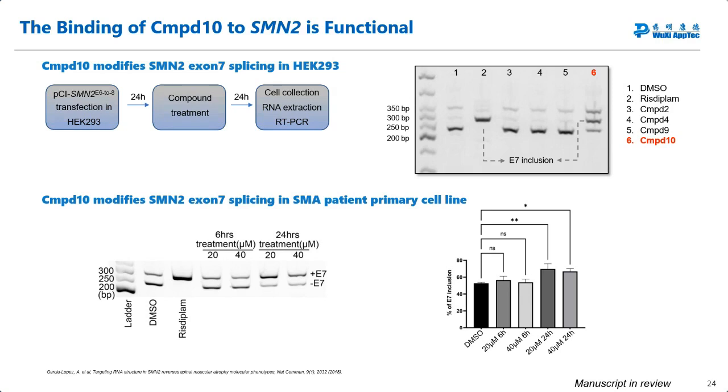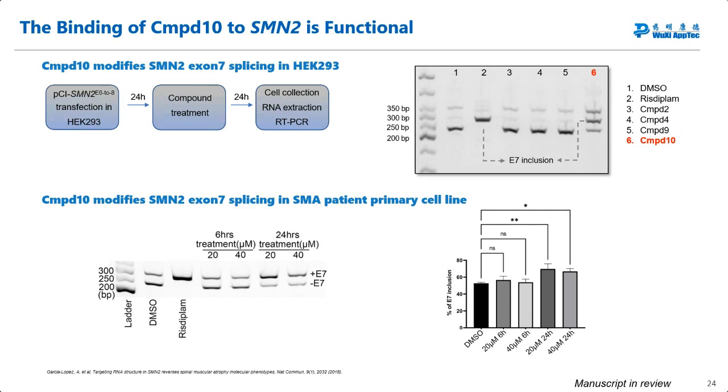RT-PCR data clearly showed a band size shift in the risdiplam lane as compared to the DMSO negative control, indicating a potential splicing regulation. We later isolated this band. DNA was sent for Sanger sequencing and was confirmed to be exon 7.